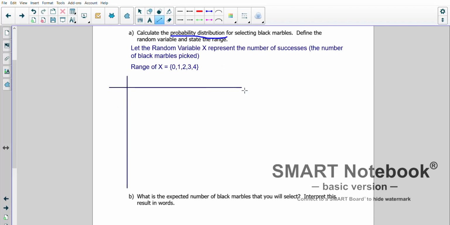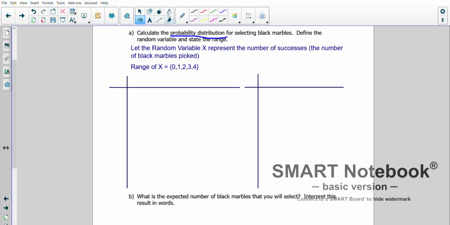I'll probably need a couple columns. You'll set up x, and then you'll have your probability of x. And again, the good news is we already know how to calculate these probabilities.